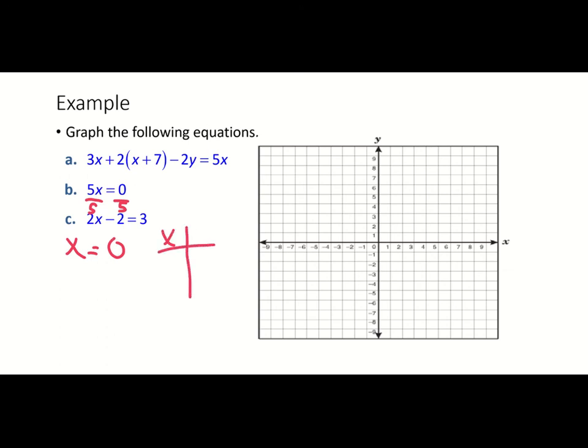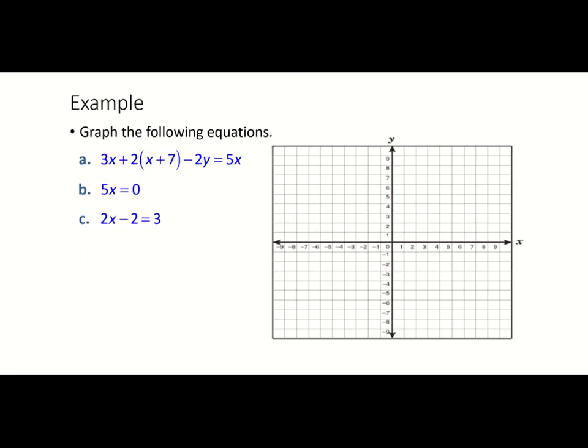So if I make my t-chart, x is always 0. That means y, I can make it anything I want. But what it's going to end up being, if x equals 0, you're going to have a vertical line. Yep, I get my verticals and horizontals mixed up. It's going to be a vertical line, and it's going to be the y-axis, because wherever x is 0, y can be any number, but it's going to be your y-axis for that.